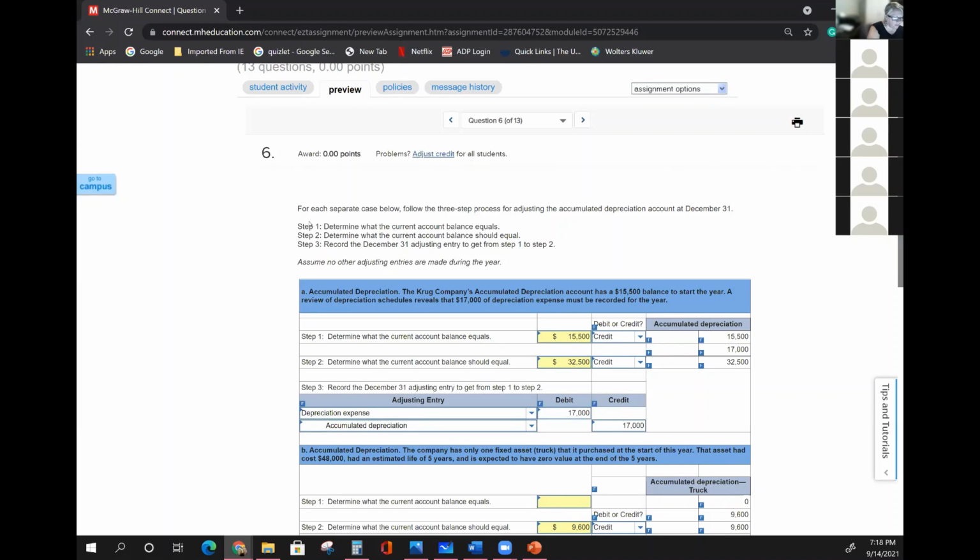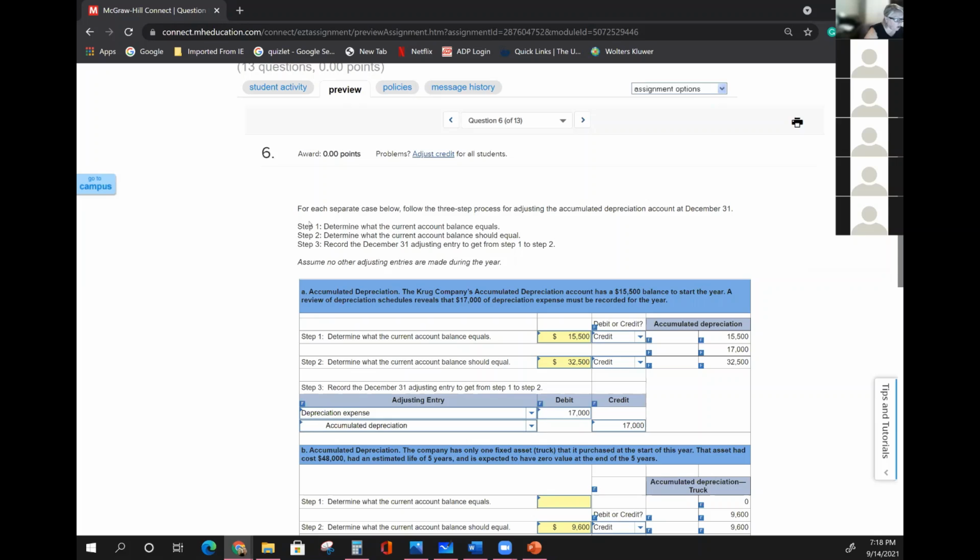So they want to know, after you read it, what is the account balance right now before you make any adjustments. Step 2 says determine what the current account balance should equal. So instead of saying tell me what the adjustment is, it's saying what should the account be. So you have to know how to calculate the adjustment to know what it should be, right? And then it says record the transaction. So we're going to walk through this one.